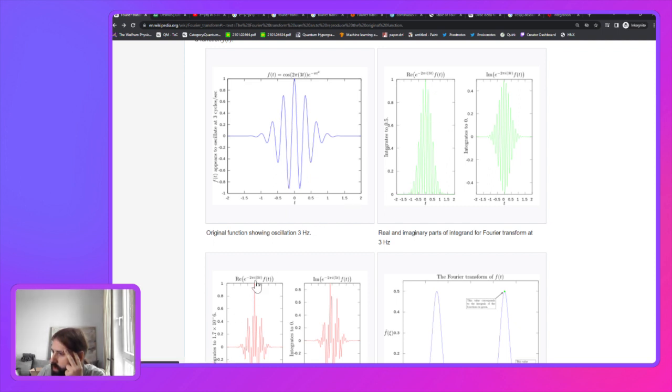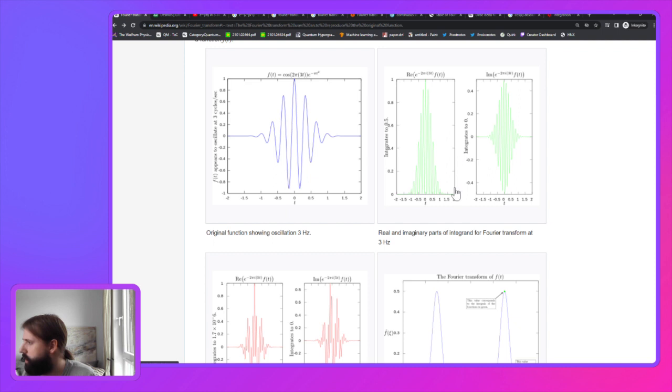But it's funny that for some reason, when you multiply this function by this complex exponential, you're getting that thing that is only positive, right?